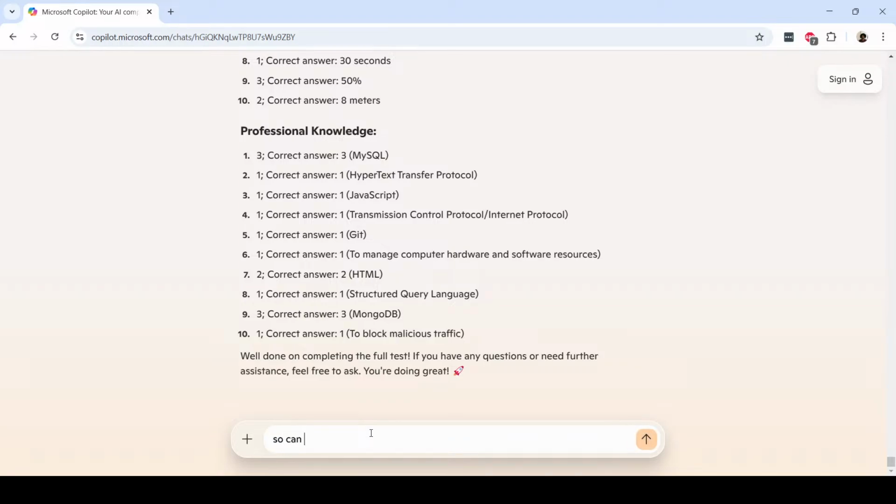Now we will ask some more questions to the AI, like can you please provide a full summary of all questions asked in this pattern of IPPB SO IT, and provide the time for all sections, like how much I took.